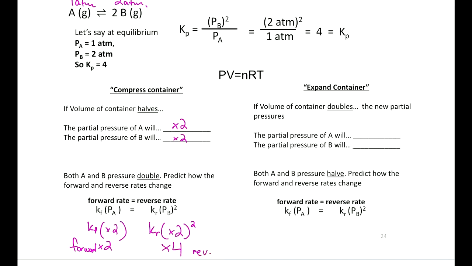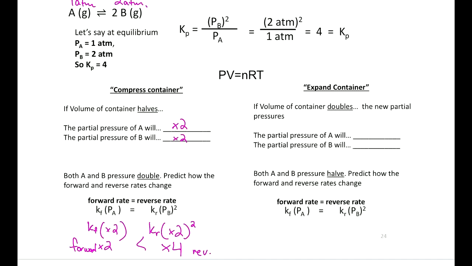Do you see that? Because it's 2 squared. So at this moment when we halve the volume of this container, the reverse rate law increases dramatically because of that squaring effect in that rate law. And we see that that is absolutely consistent with our plant analogy.